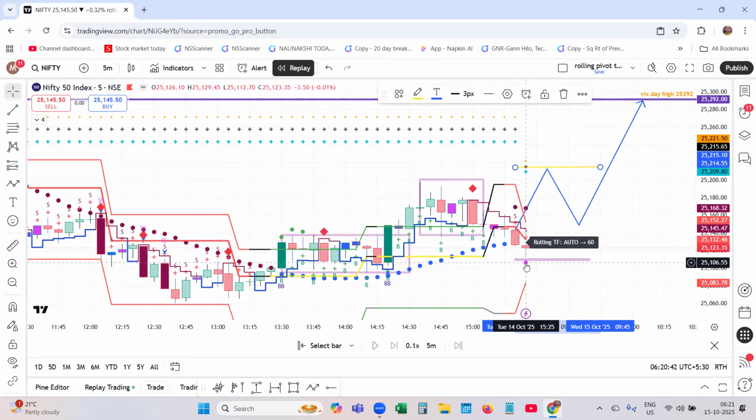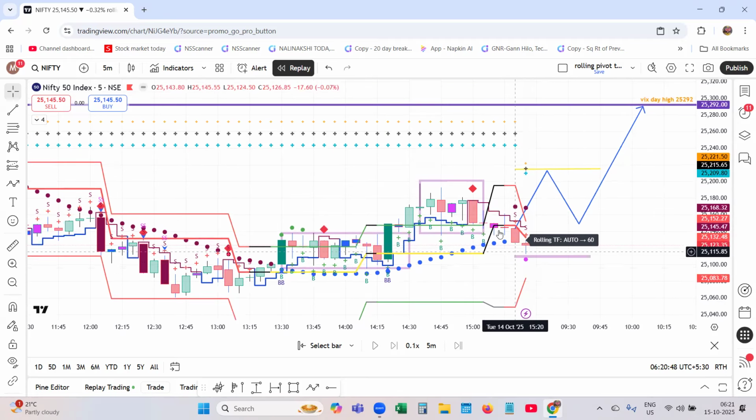Retailers have closed their positions over here. They have pressed the sell button over here, and they are happy. And these big players, after 3:15, have pushed the market downside to trap.